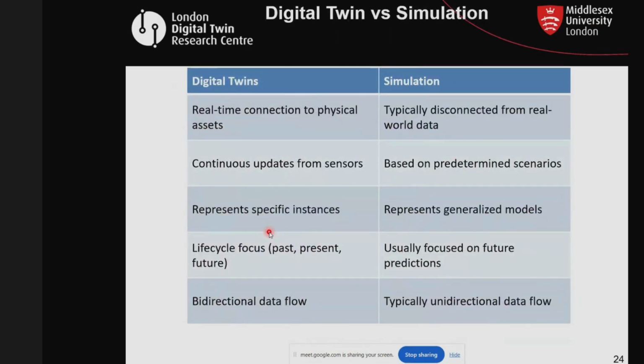So what's the reality here between a simulation versus a digital twin? Okay. If I look at simulation, it is typically disconnected from the real world data, whereas digital twins have a real-time connection to the physical entity or assets, and they receive the sensor data. They keep the sensor data on the side as well.